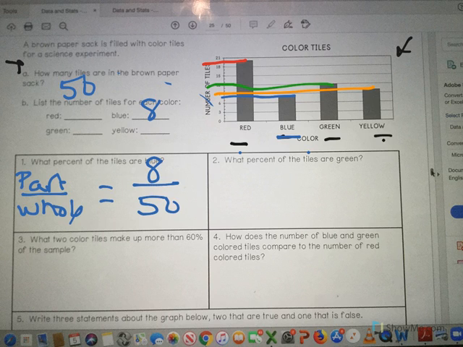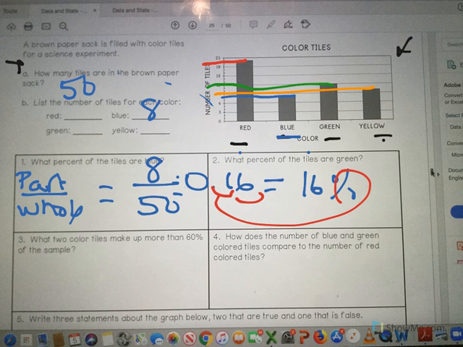By now, you should know, and you could use a calculator to figure it out. All you do is 8 divided by 50, which gets us 0.16. And I know that means it's 16% because I moved my decimal place 2 times, and that turns it into a percent.